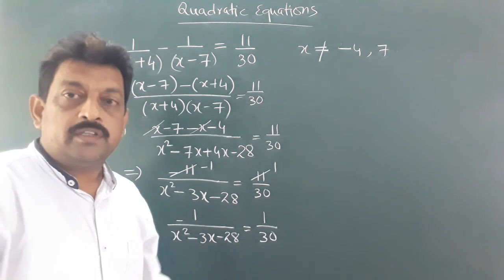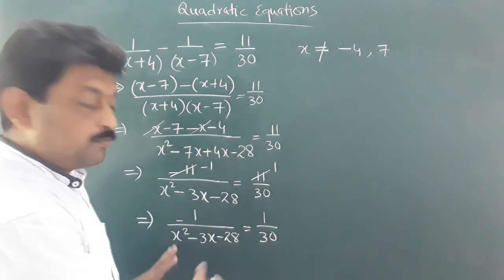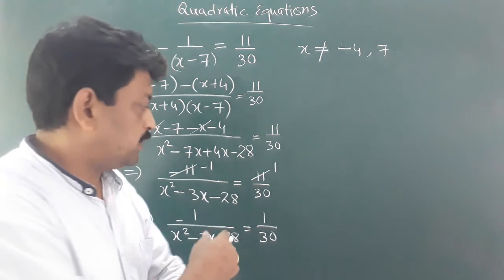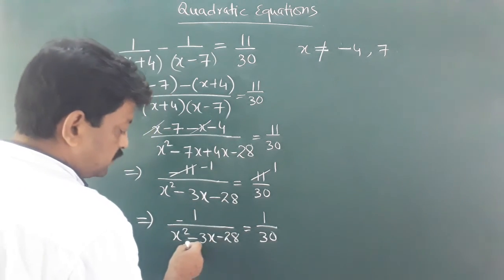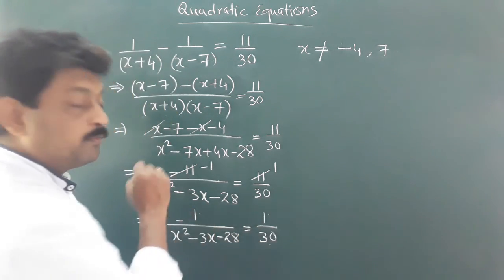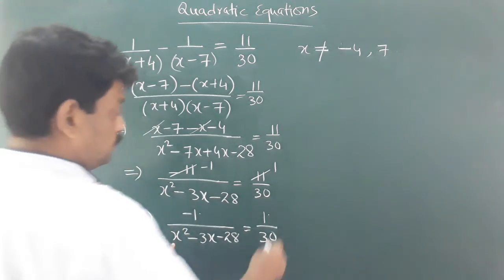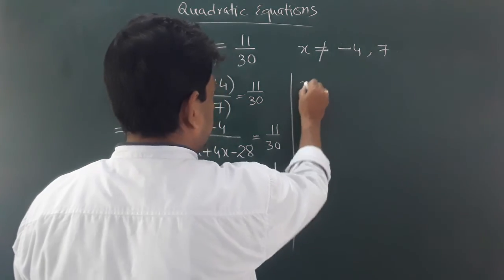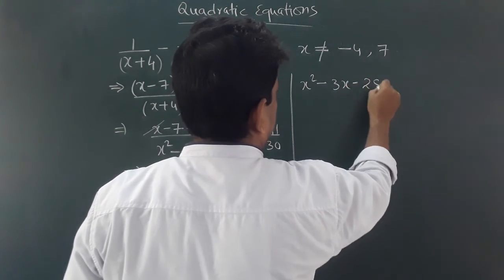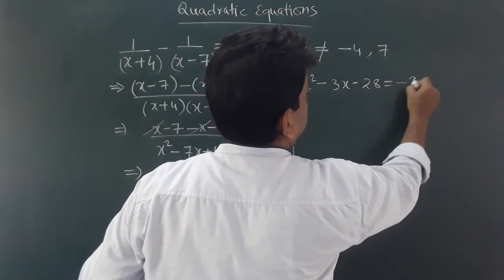So now you can easily guess what to do. Since nothing is left for simplification in the left hand side or right hand side, we have to go for cross multiplication. So this x square minus 3x minus 28 will be multiplied with 1 and 30 will be multiplied with minus 1. So here we will get x square minus 3x minus 28 equals 30 multiplied with minus 1 is minus 30.